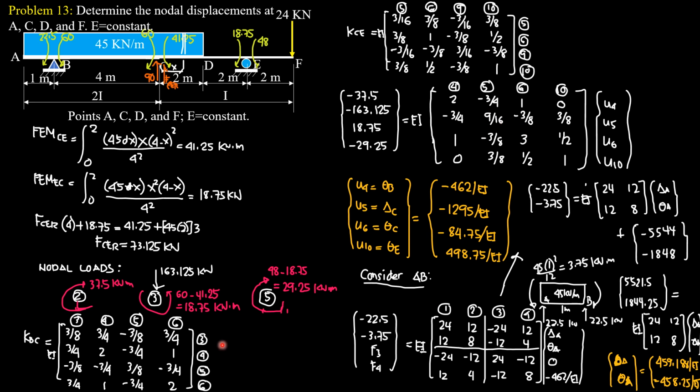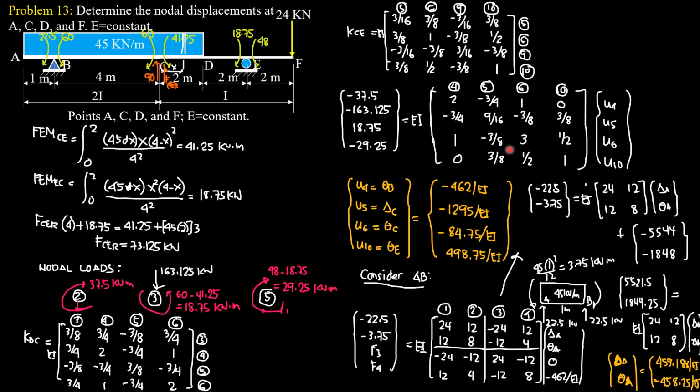Then this is 5,5. 5,5 is 3/8 plus 3 over 16, which is 9 over 16. 5,6, row 5, column 6: we have negative 3/4 here, and here 3/8, negative 3/4 plus 3/8 is negative 3/8. 5,10 is 3/8, so we have 3/8, copy negative 3/8, copy 3/8.